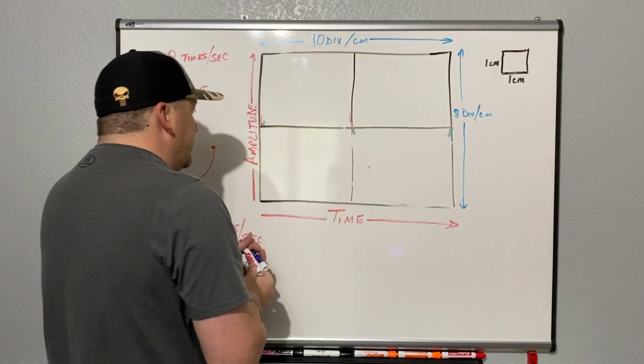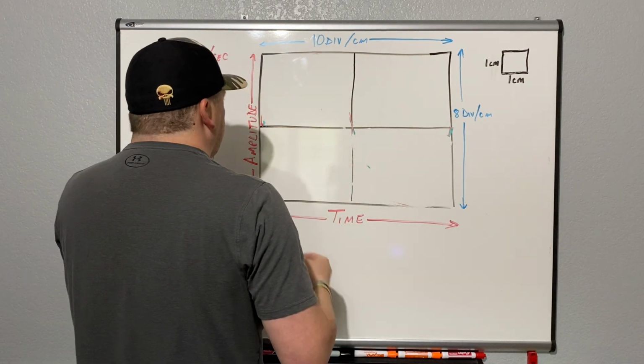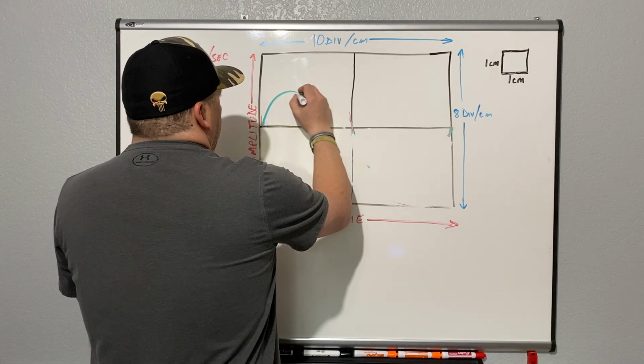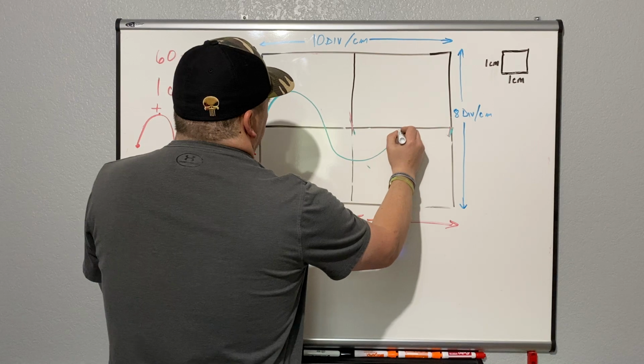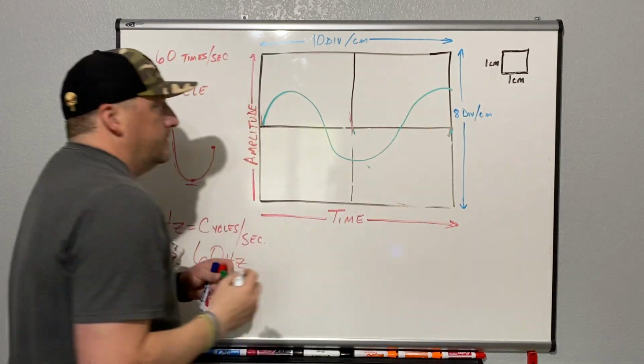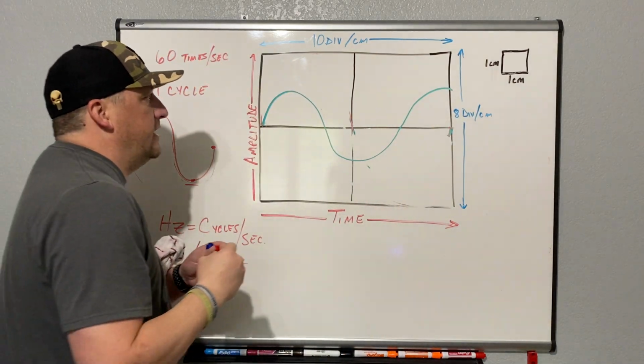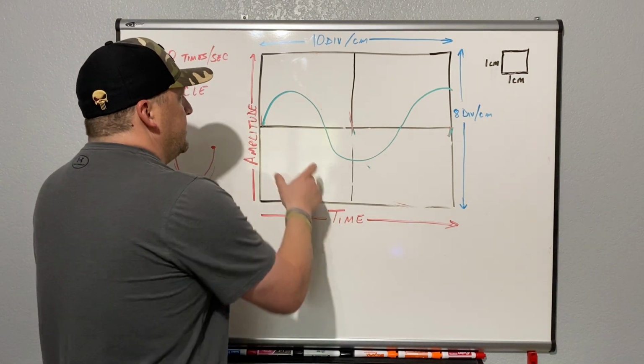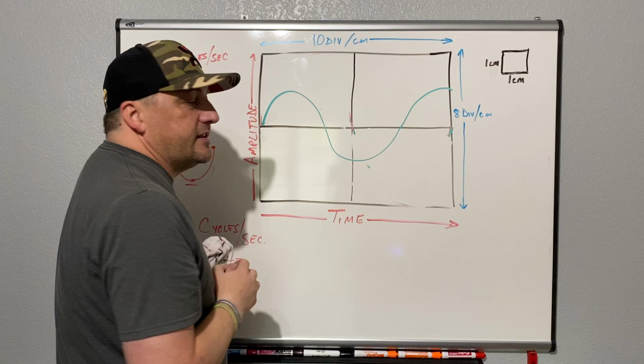So what we might end up seeing is something more like this, a signal that looks something similar to that. Granted, I didn't draw this perfect, but we're going to see a signal that looks something like that.